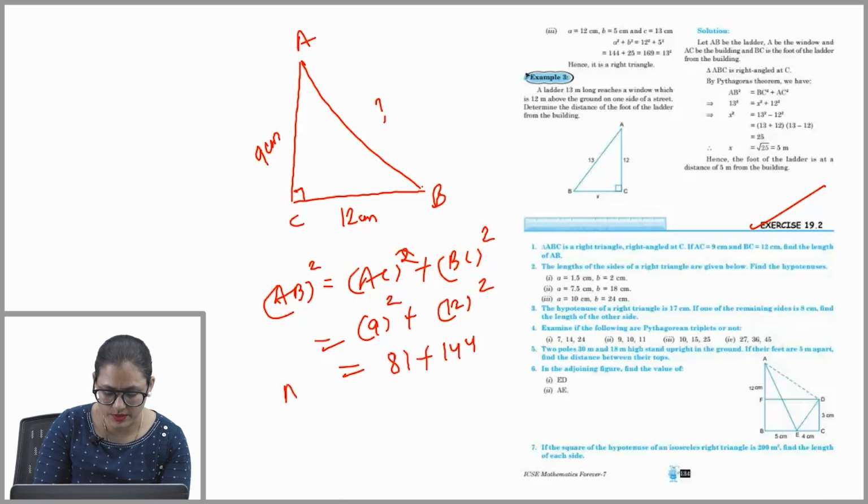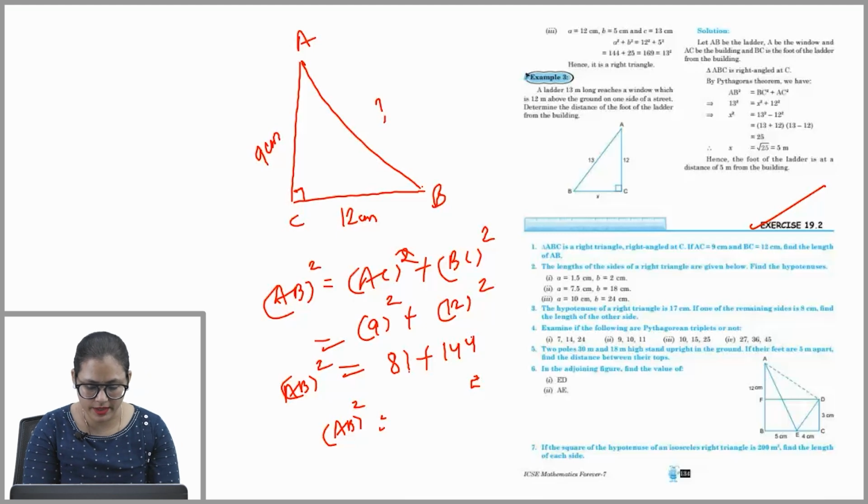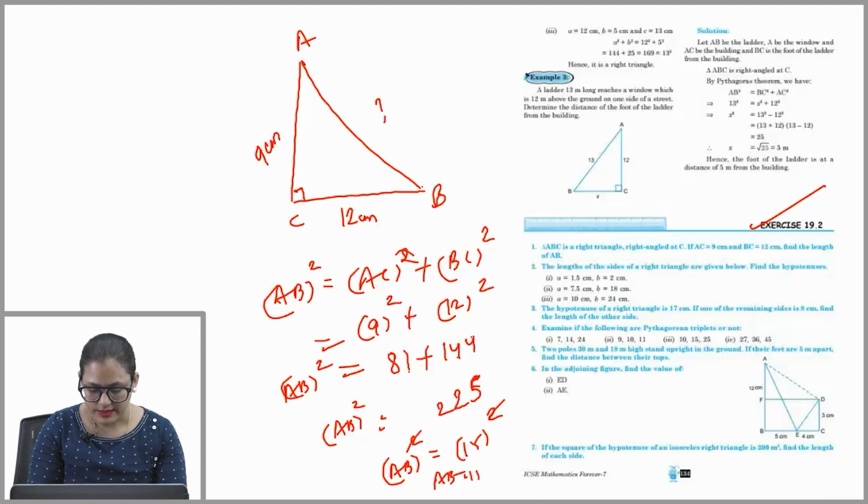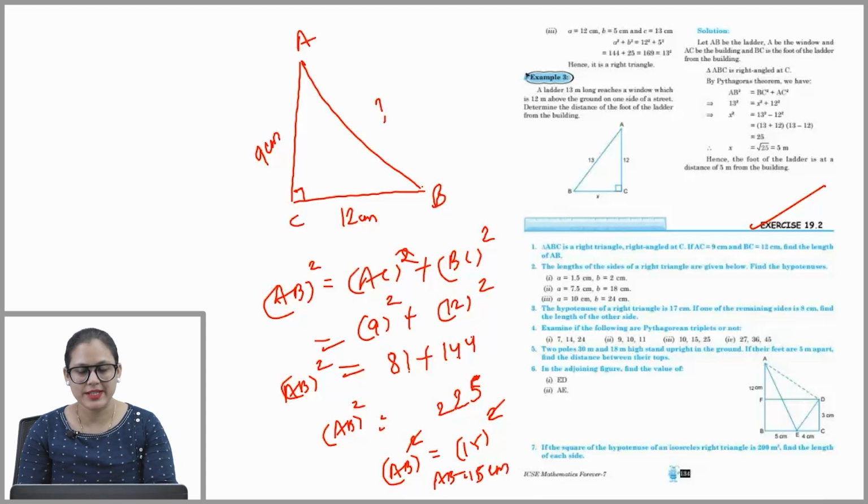Now, AB square is what? 4 plus 1 is 5, 4 plus 8 is 12, 1 carry, then 2: 225. The square root of 225 is 15. That means AB is equal to 15 centimeters, right?